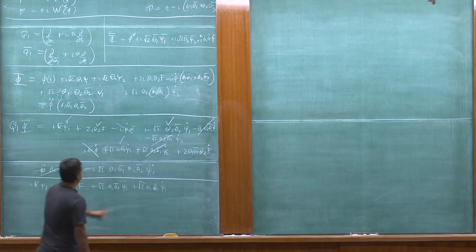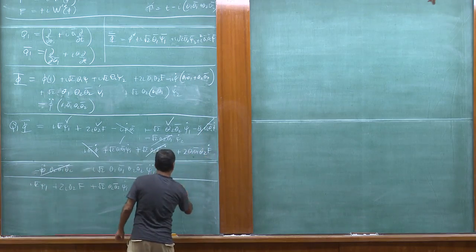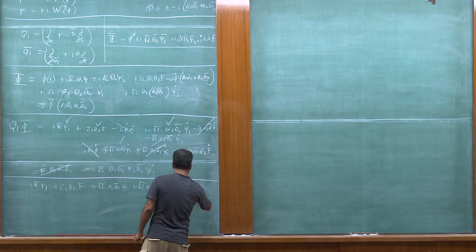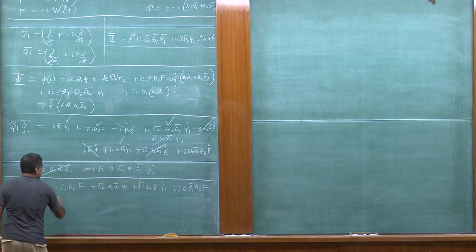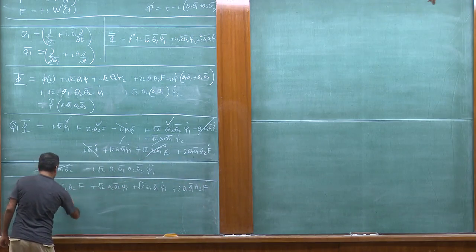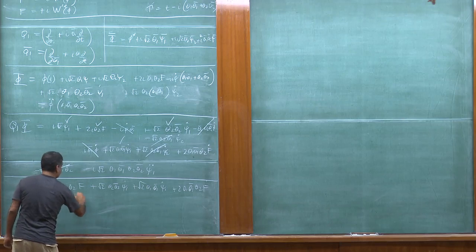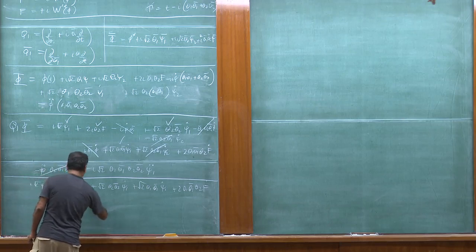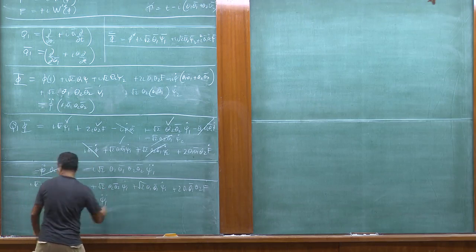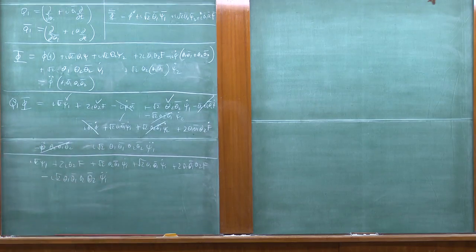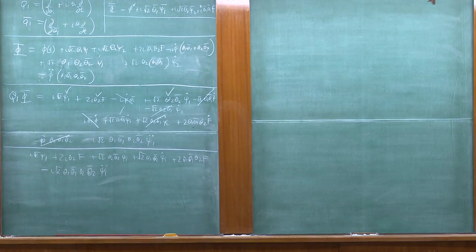Okay, well, that leaves us with plus 2 theta 1 bar theta 2 f dot, and then finally minus I square root 2 theta 1 bar theta 2 bar psi 1 double dot. Okay, all good? Fine.